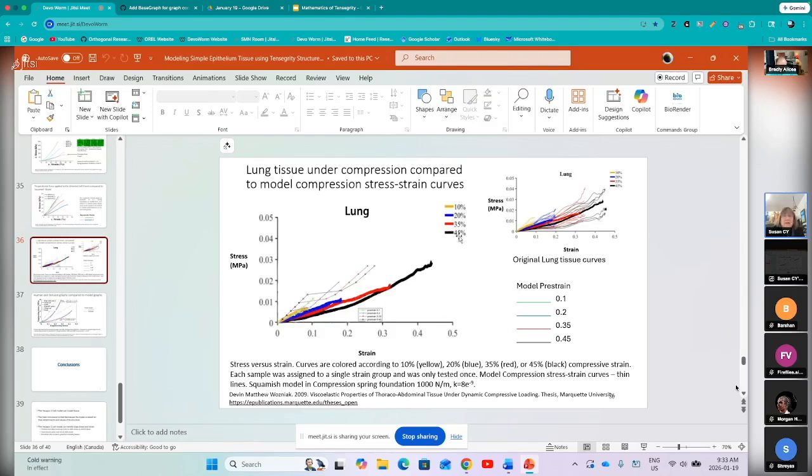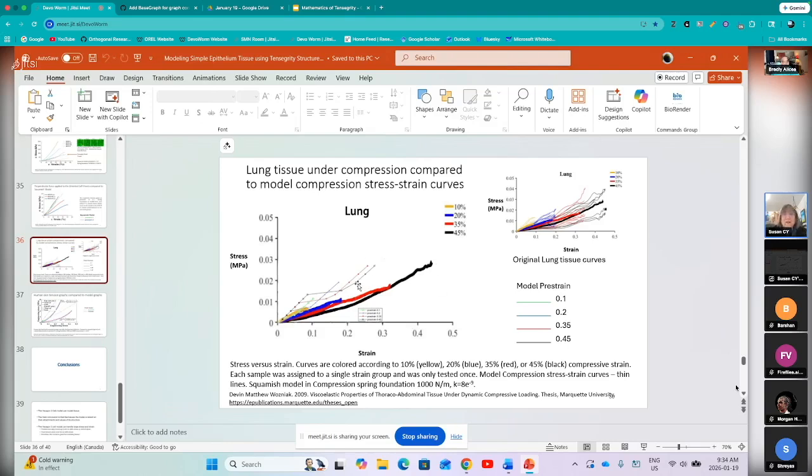And it was interesting because the 10% pre-strain is here on top, and the 45% pre-strain was on the bottom. And this is all in compression. It's opposite to how this normally works. Normally you have 10% on the bottom and the 45% pre-strain on the top.